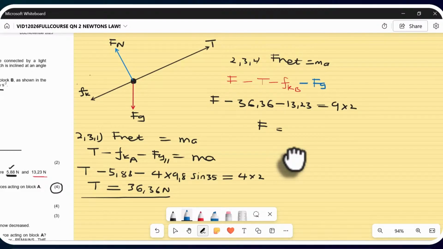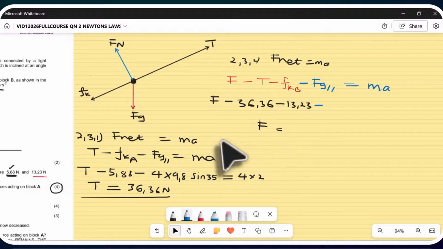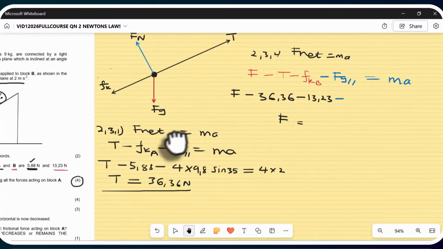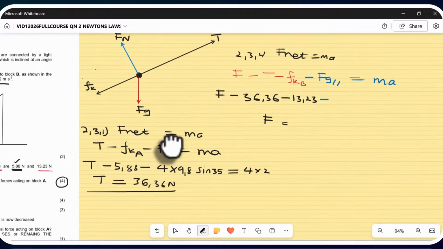So here I'm gonna say also minus, now Fg parallel here is mg, the mass here is 9, so minus 9 times 9.8 times sine of 35, and then equals MA equals 9 times 2.